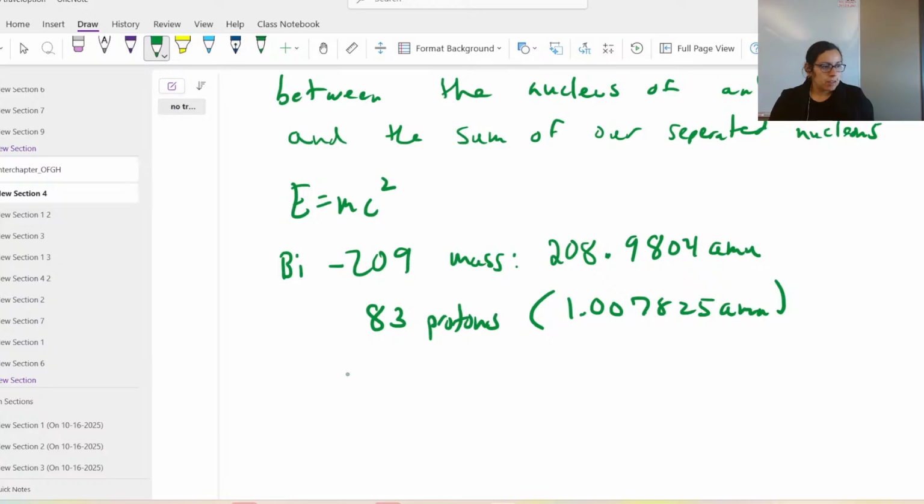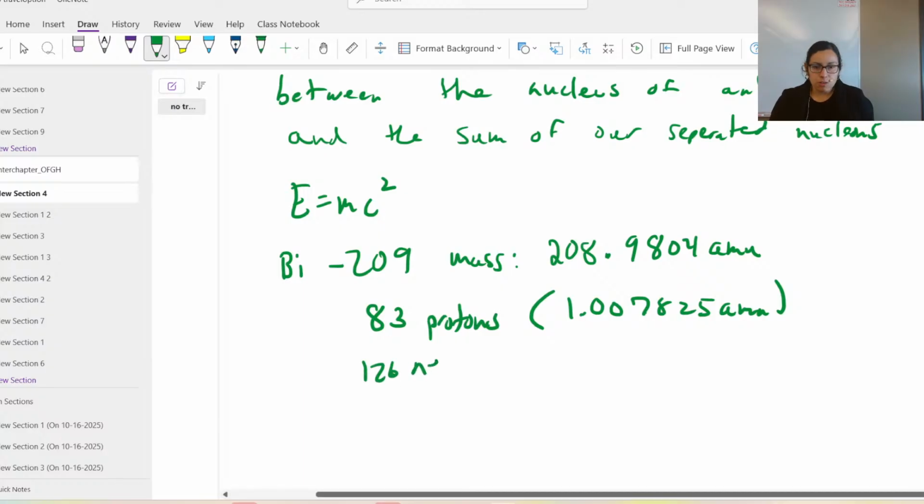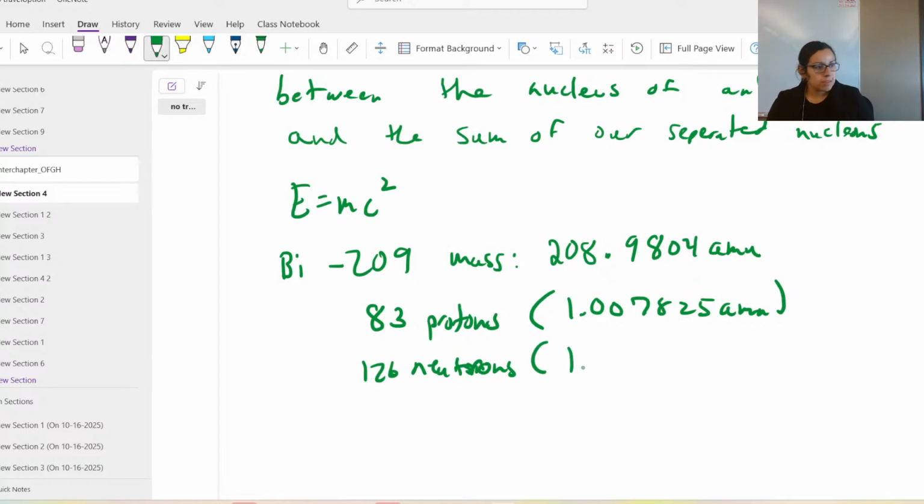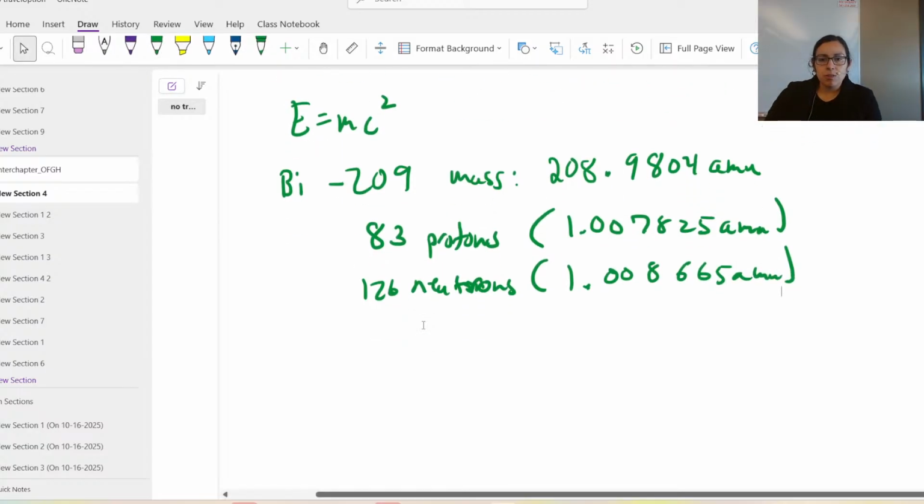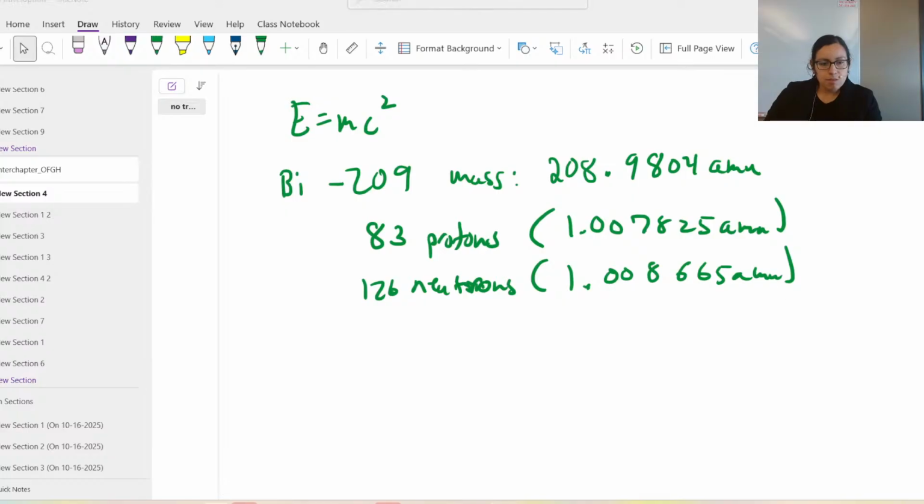And then it would have 126 neutrons. And a neutron mass is 1.008665 AMU. So let's see what it should have a mass of, once I pull up my calculator.